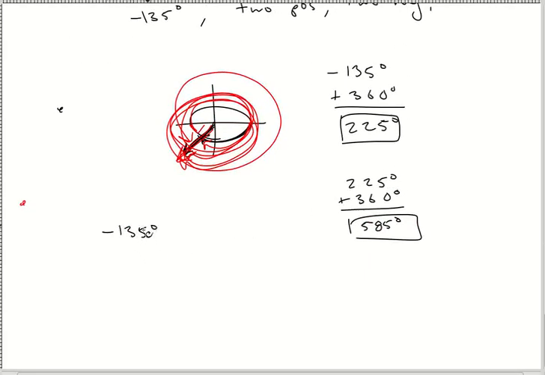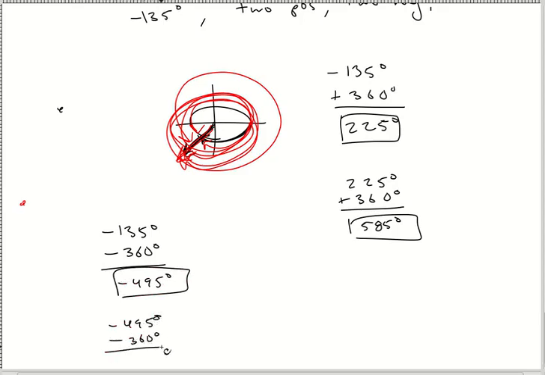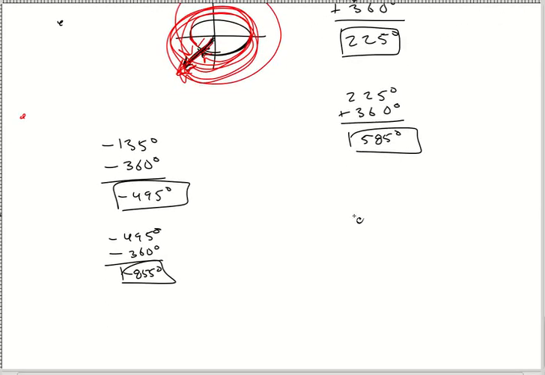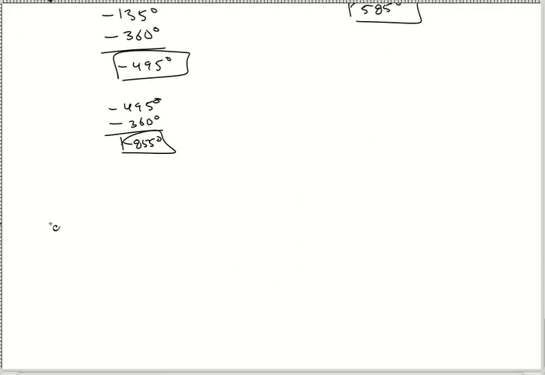I'll start with the same original and subtract 360. Negative 135 minus 360 is negative 495. That's one of your answers. I take that negative 495 and subtract another 360, and I got negative 855. That's another one of your answers. Did I get 2 negatives now? Yeah, there's your 4 answers. Not too bad. Just keep adding and subtracting 360, and eventually you'll get all the answers they're wanting.